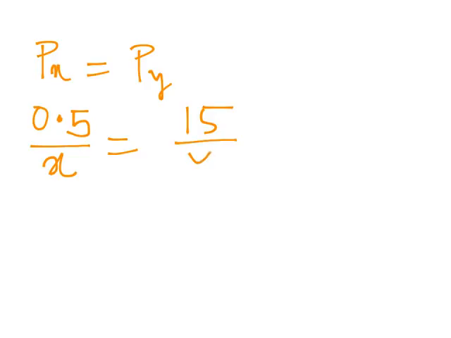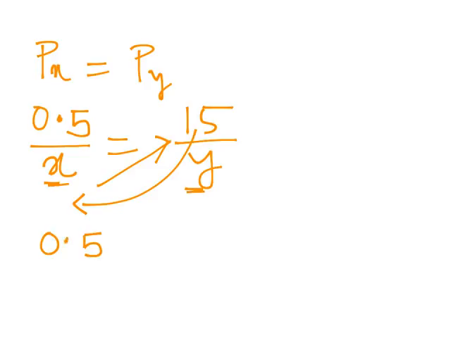What are they asking? They are asking what is the ratio of x to y. So we put x this side and 15 down below. So we get 0.5 by 15 is equal to x by y.